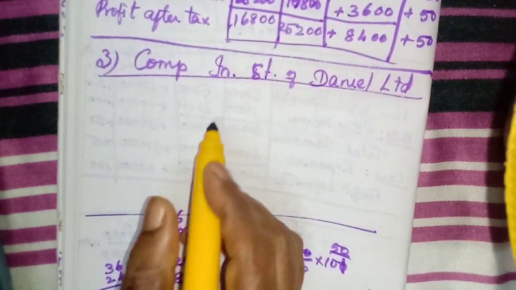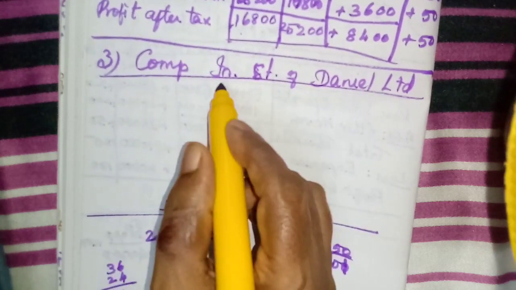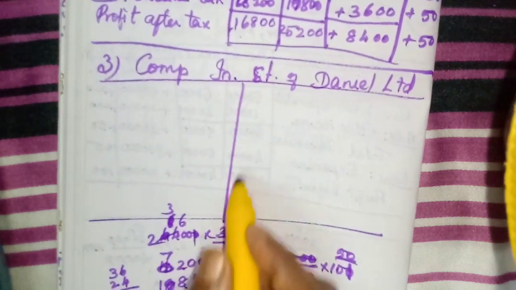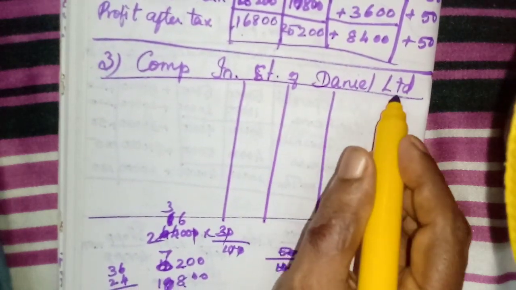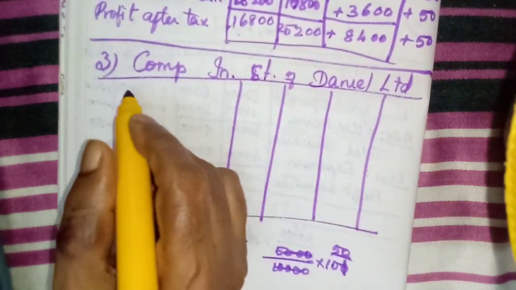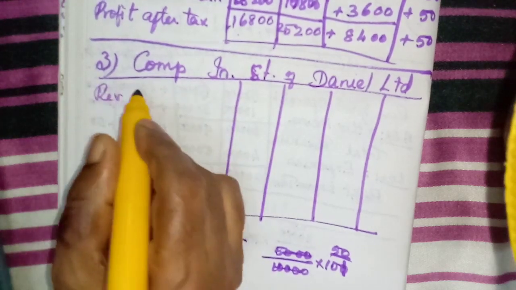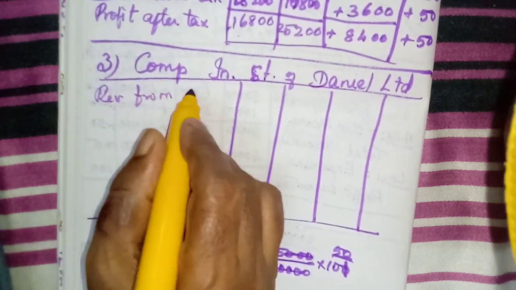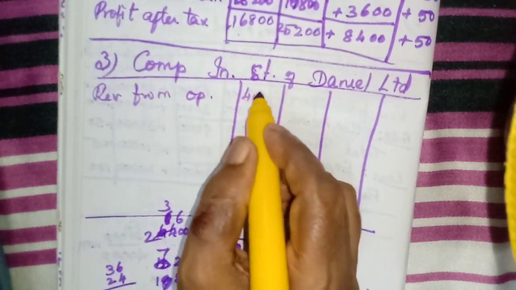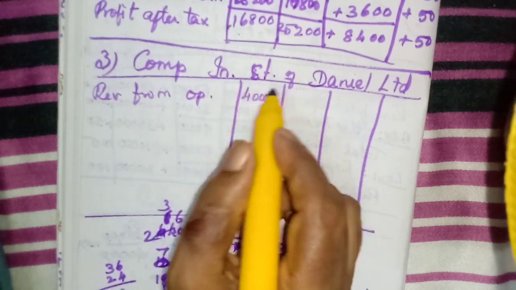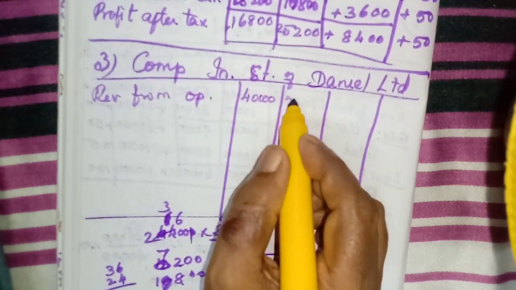Okay, draw and write everything. Particulars, everything you write. You will write 4 columns. First one, revenue from operation. 40,000, 50,000. Students, you have to write all the details in the column.